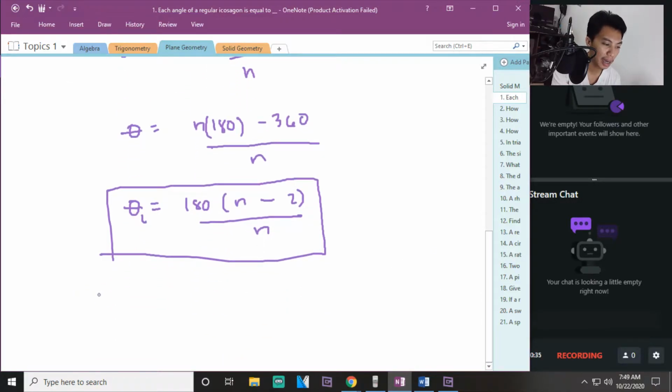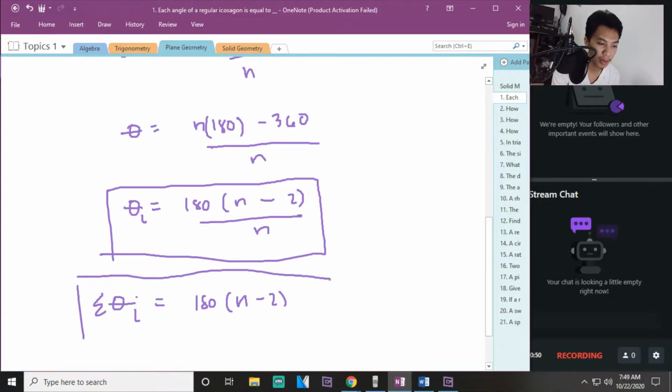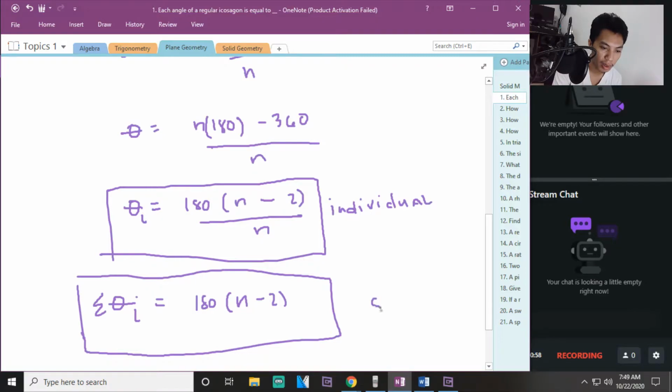Ngayon, kapag sum of all interior angles, kaya hinuli ko para ma-derive ko, equal to 180 times n minus 2. Yan. This is for the sum and this is for the individual. So, ito yung sum.